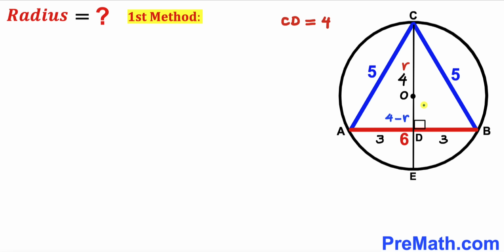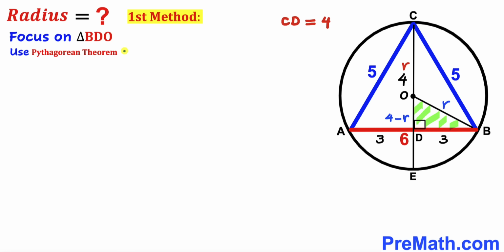In this next step, I am going to connect this center O with this vertex B. Now we can see that OB is the radius of this circle, so I'm going to label this one as lowercase r. Now we are going to focus on this tiny right triangle BDO and apply the Pythagorean theorem to solve for radius r.